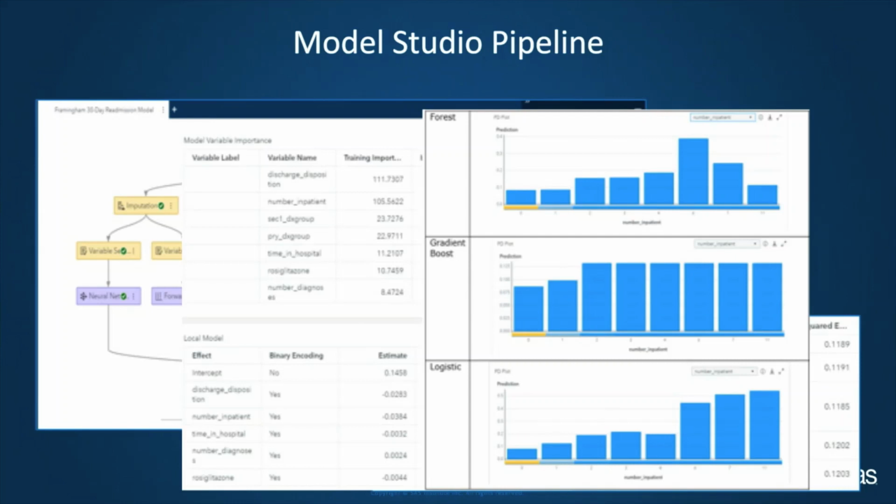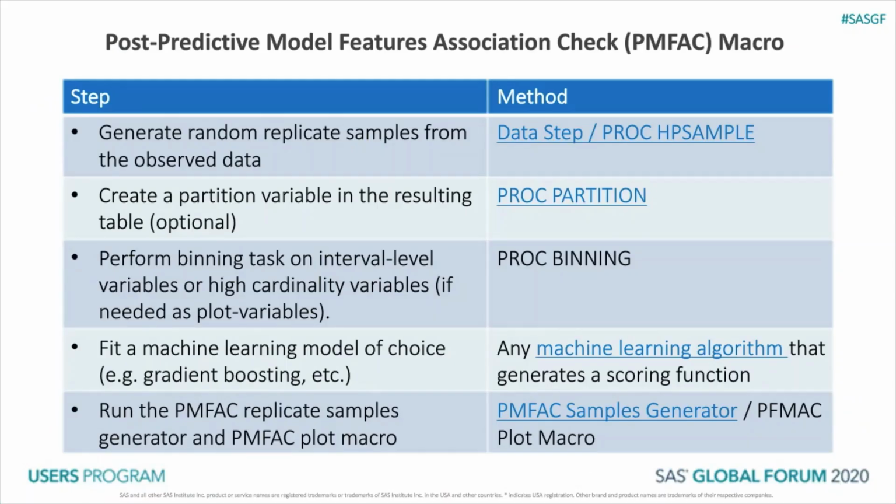So how do we explain why we are seeing contrasting picture of model predictions looking at the same question? Here is where the importance of the PFAC macro comes into play.